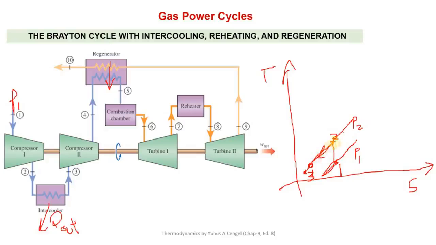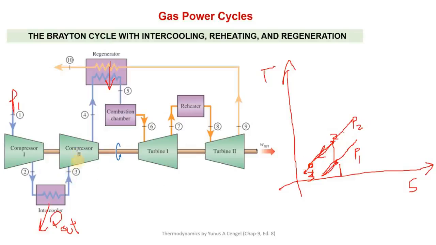So here it is intercooling. 2 to 3 represents cooling of the fluid at constant pressure P2. In the ideal case, T3 is equal to T1. So it is cooled but at higher pressure. So when it is cooled, its volume is dropped.